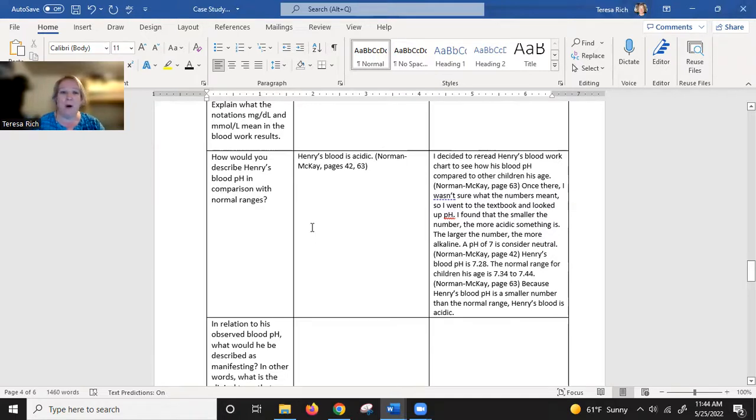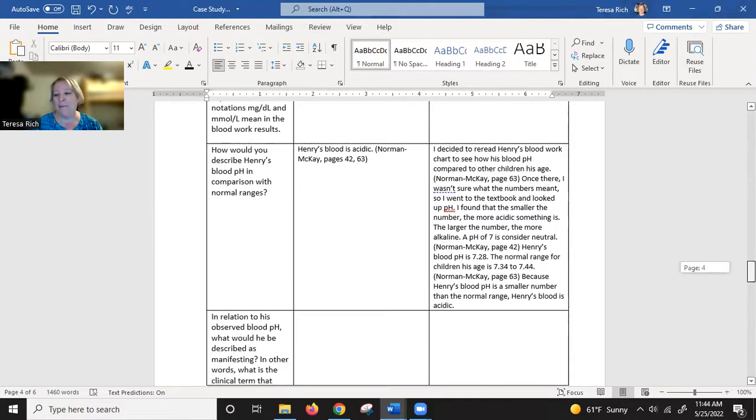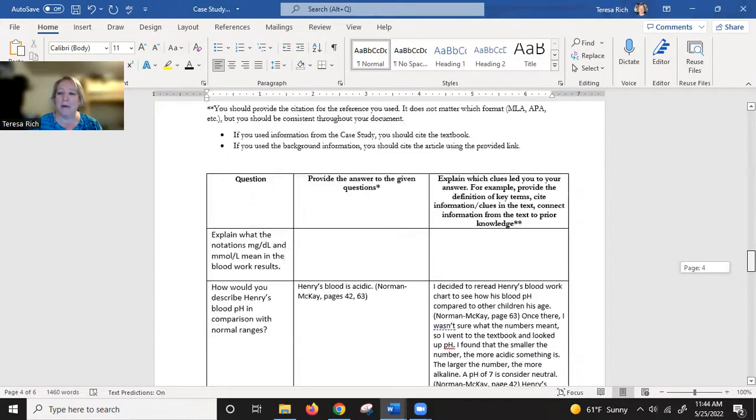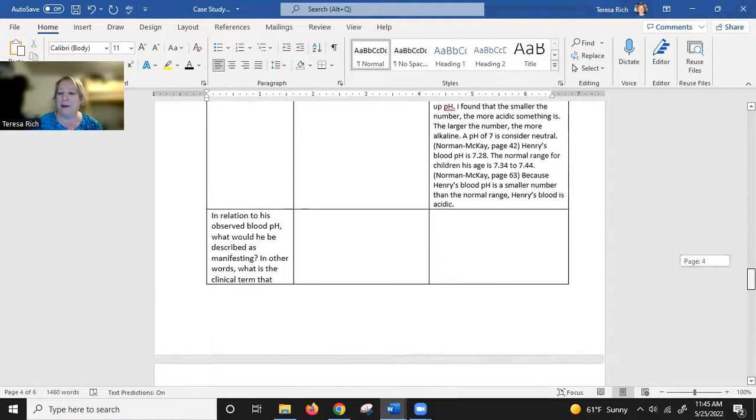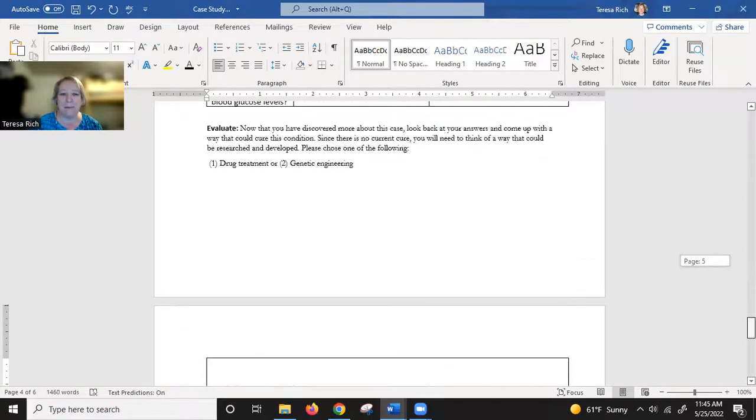So hopefully this gives you an idea of what we want in this column and what we want in this column. So I will post this, okay, so that you can have a physical copy of my example, okay?